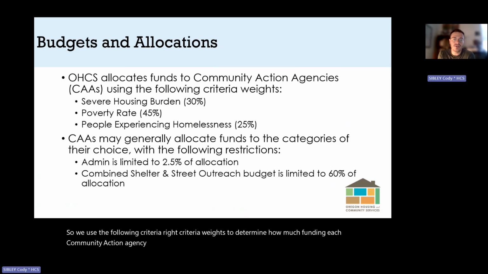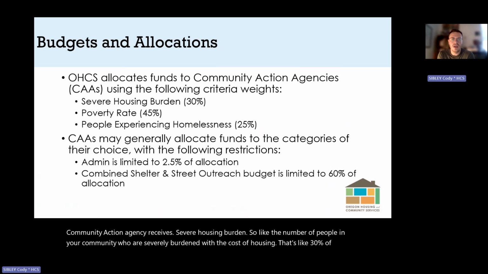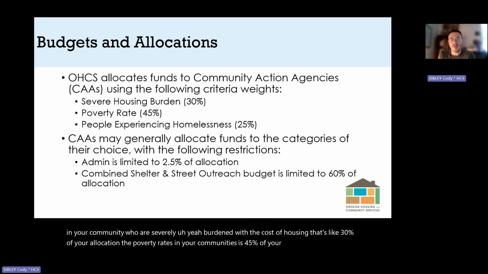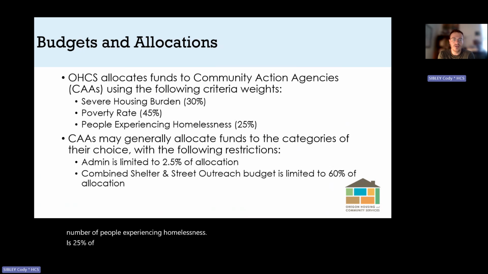Severe housing burden, so like the number of people in your community who are severely burdened with the cost of housing, that's like 30% of your allocation. The poverty rates in your communities is 45% of your allocation, and then the number of people experiencing homelessness is 25% of your allocation. So that is how we determine how each CAA receives funding, with a couple of caveats.